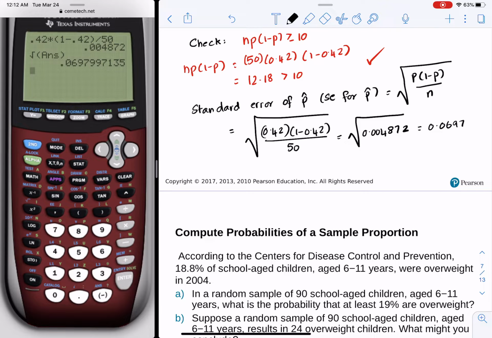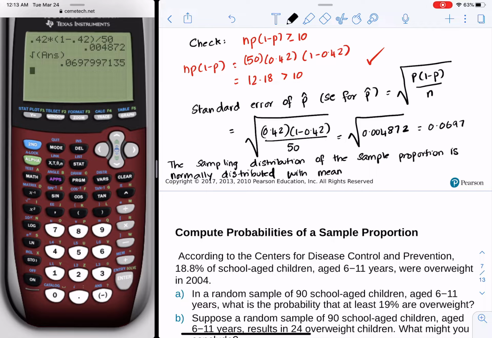So what is the sampling distribution of the sample proportion? It is normally distributed, and we can say that it is normally distributed because our condition over there works.